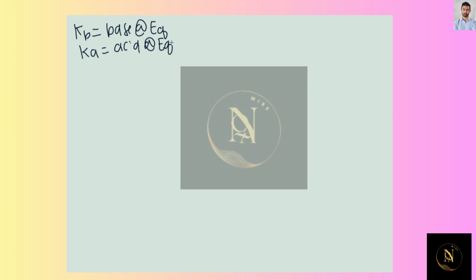Whenever we're trying to find the pKb or the pKa, it's just the negative log. The lowercase p is just an abbreviation for negative log, and we'll see that a lot in this chapter.